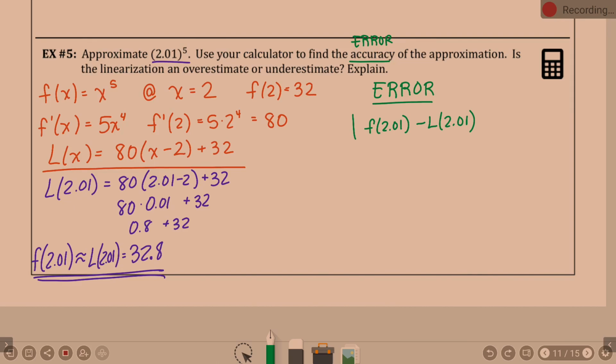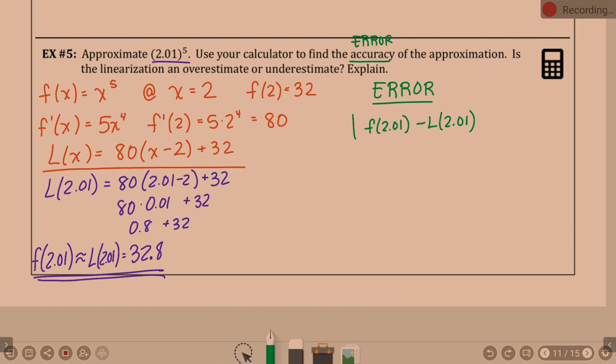Now, this is definitely a calculator thing here, because I don't know what 2.01 to the 5th exactly is. So 2.01 to the 5th appears to be 32.8080401.